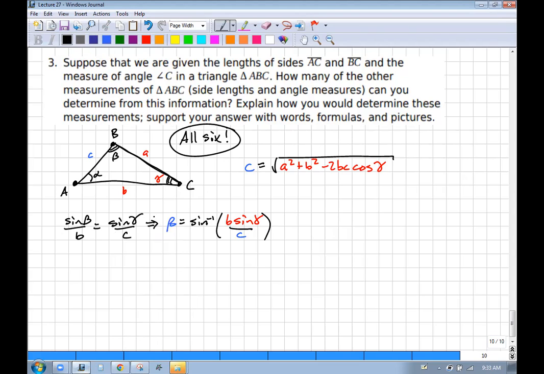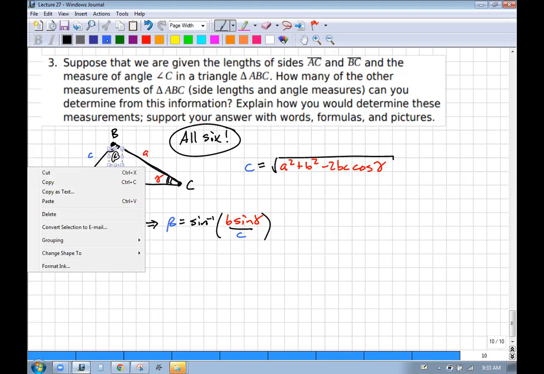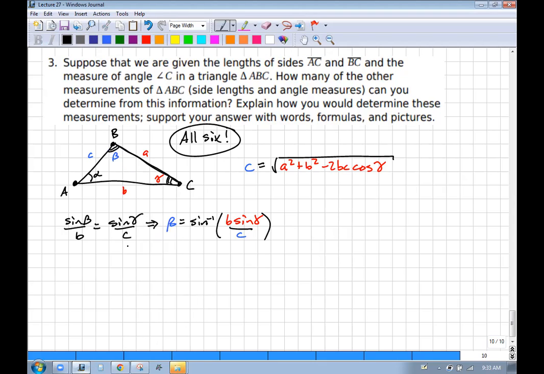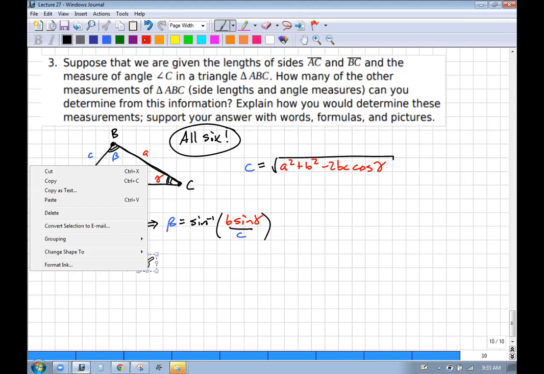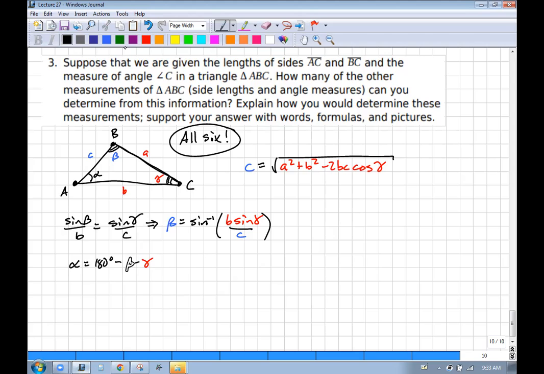Well, since we have beta and gamma, we can find alpha. Alpha would be 180 minus beta minus gamma. Gamma is given. Beta we figured out.